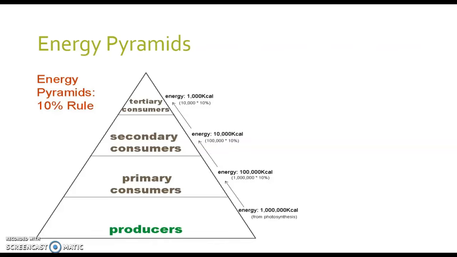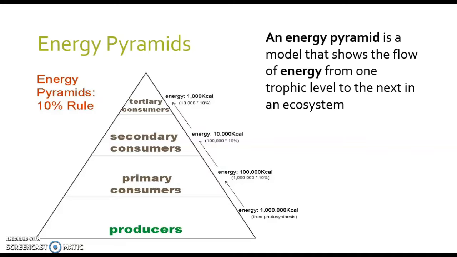We can see this food chain also be represented in a different model. These models are called energy pyramids. An energy pyramid is a model that shows the flow of energy from one trophic level to the next in an ecosystem. So at this point, you might be thinking to yourself, well, what is a trophic level?